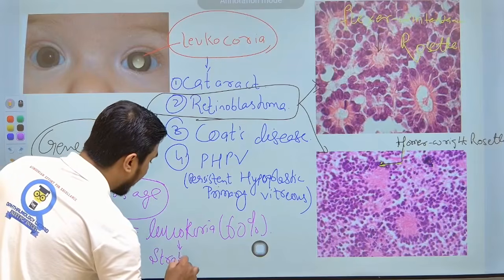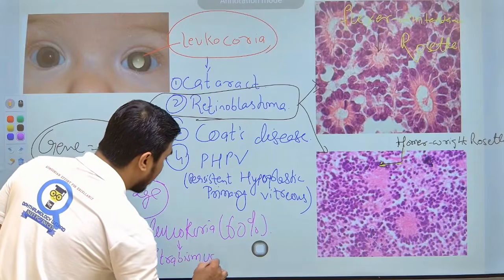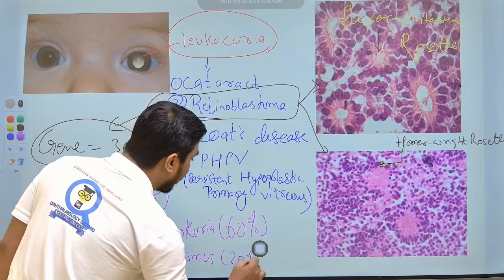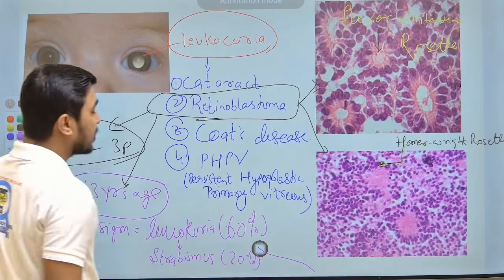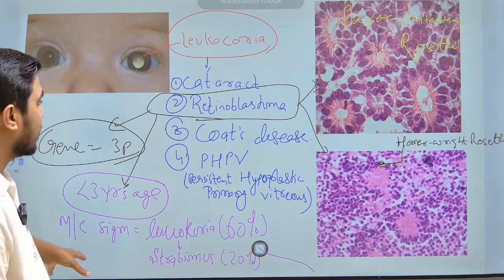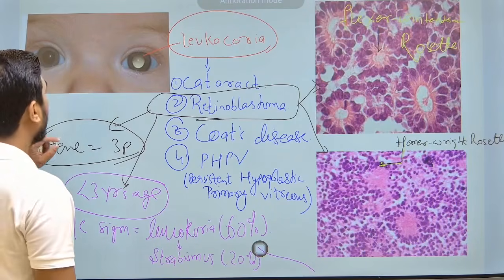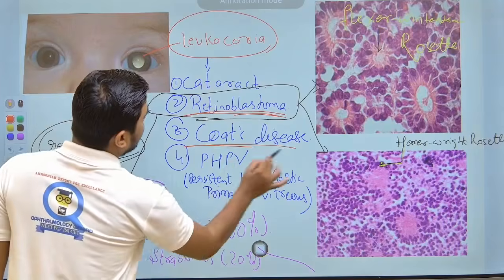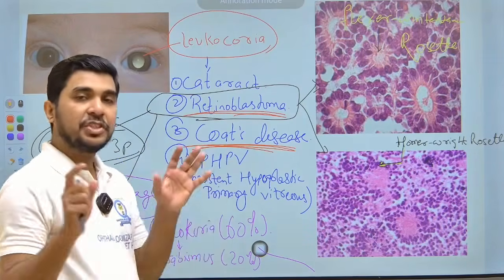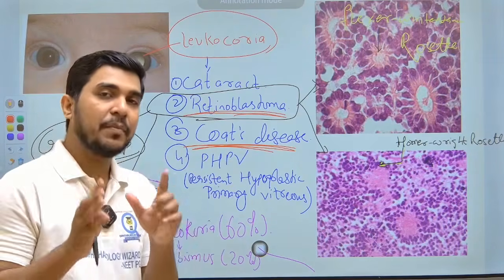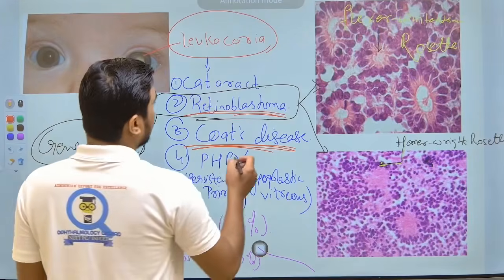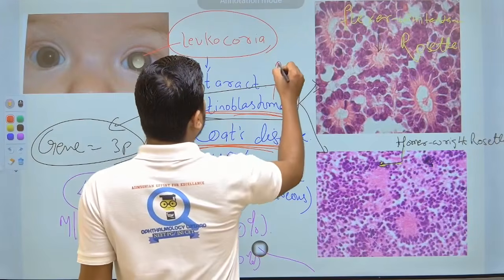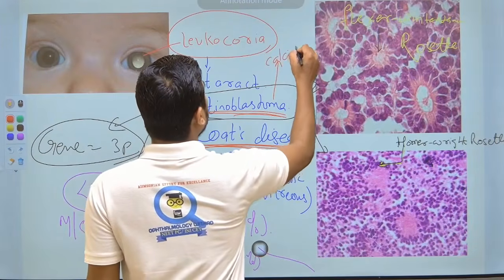So why I am writing strabismus is because these two are very important for the exam. Now let me tell you one thing: retinoblastoma and Coats disease can be differentiated on B scan based on one thing, that retinoblastoma has calcification.